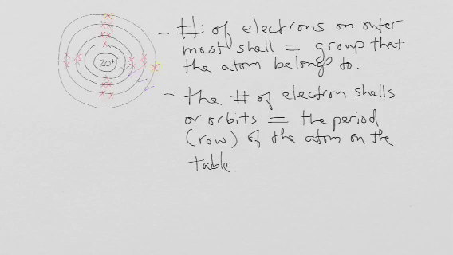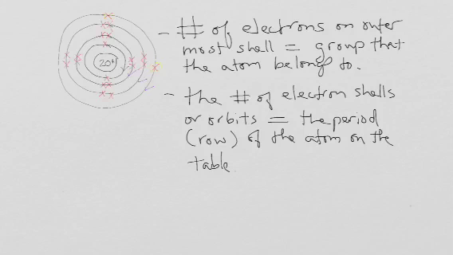This works from 1 through to 18. And this makes sense if we look. Now, here's a few more patterns for you. Let me just go over the second little bullet here. The number of electron shells or orbits, they mean the same thing, will always be equal to the period or the row where that atom is found on the periodic table.